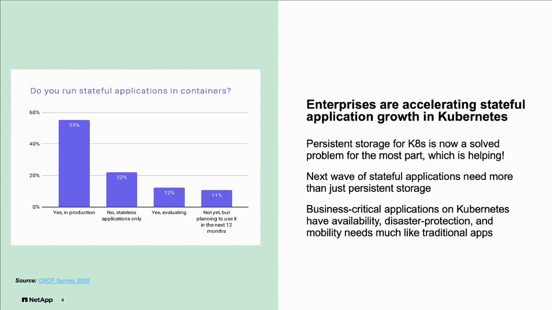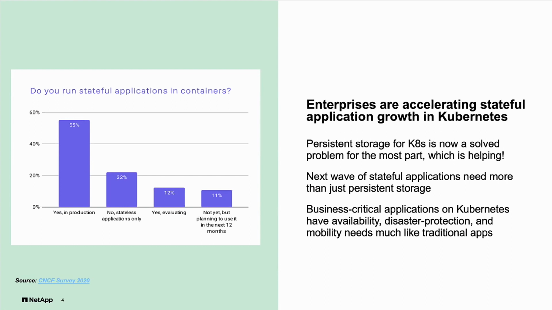But the next wave of stateful applications on Kubernetes actually need more than just persistent storage, and these are business critical applications. They need to be highly available. They need to be protected from disaster, and they have mobility needs. I'm quoting a survey here from CNCF, which is publicly available, where 55% of the respondents of the CNCF survey in 2020 said that they are using stateful applications in containers in production, and a whole bunch of other people are contemplating doing that.